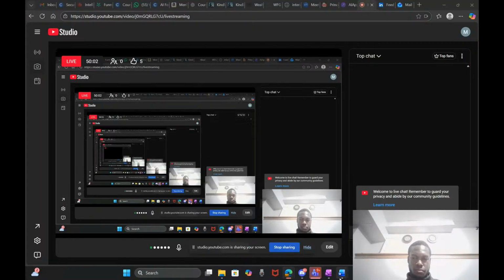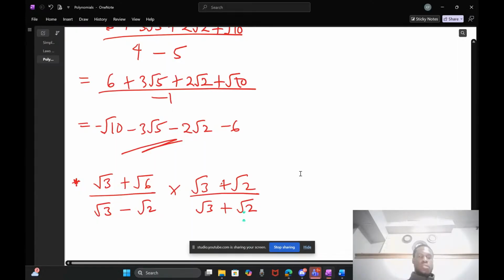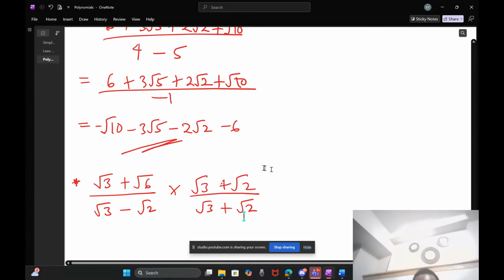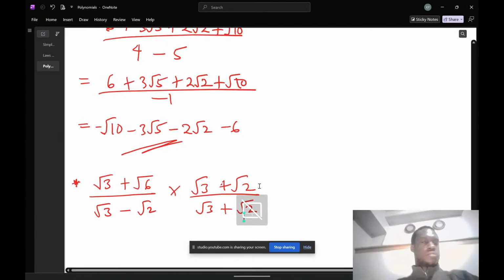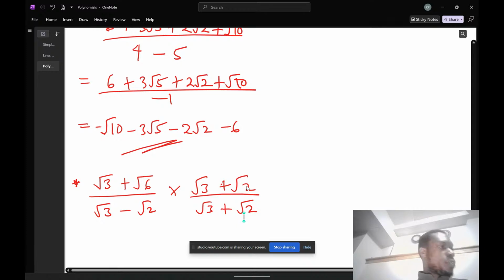Oh, it looks like my screen is blank. I believe everyone should be able to see my screen now.